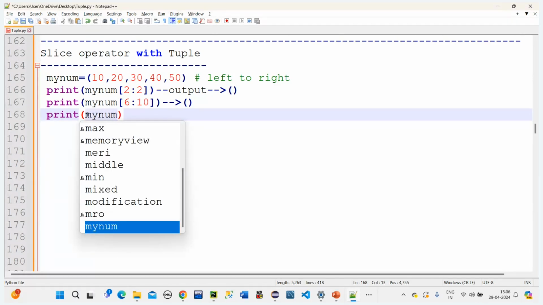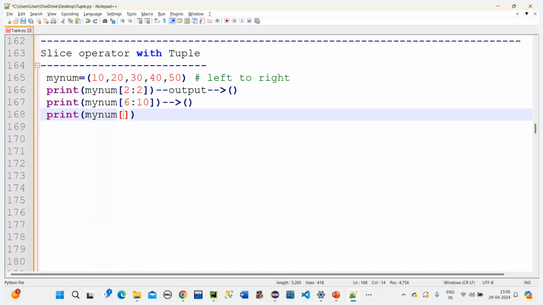My num in this, if I'm writing here colon -2, can you guess what would be the output for this third print?